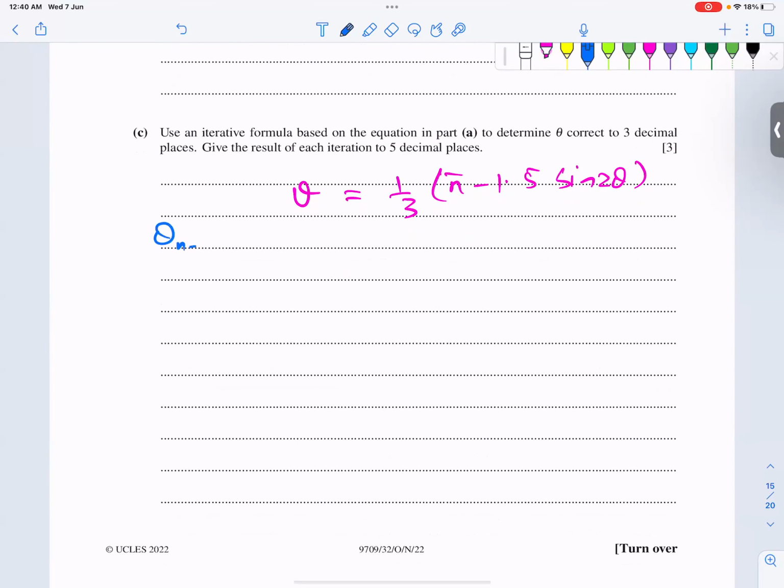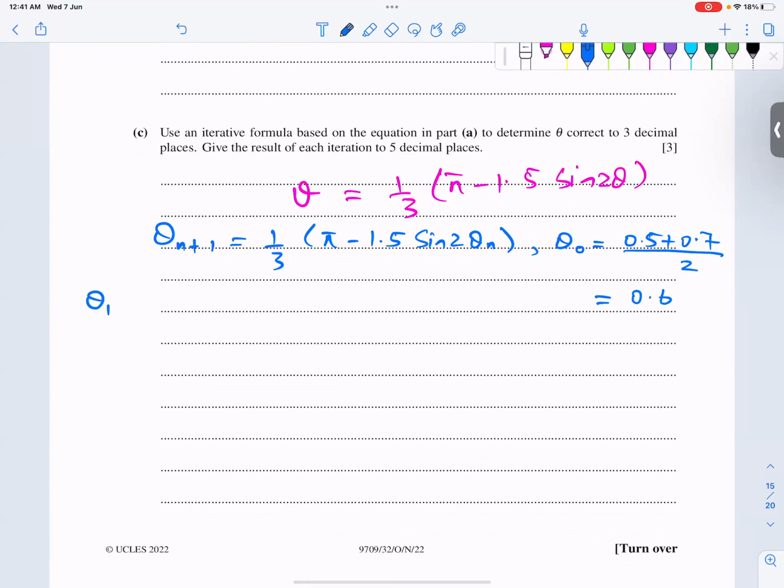Set the iteration: theta n plus 1 is equal to 1/3 of pi minus 1.5 sine of 2 theta n. And theta naught can be chosen as the average of 0.5 and 0.7, so 1.2 over 2, which is 0.6.